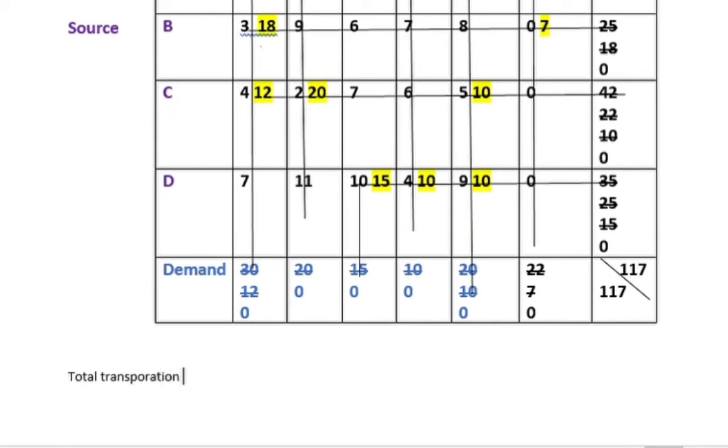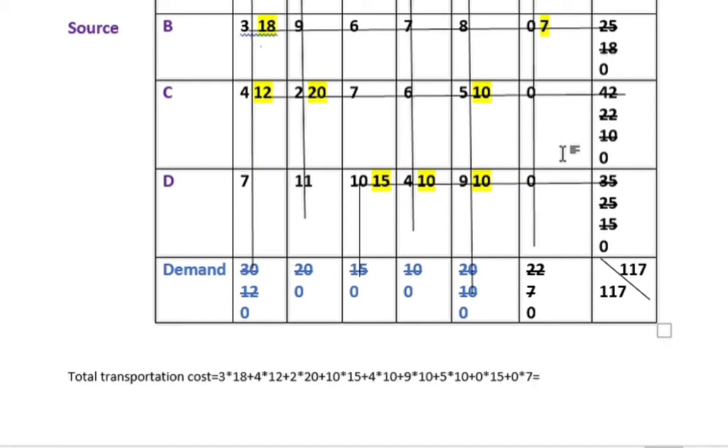Transportation cost, that is 3 into 18, plus 4 into 12, plus 2 into 20, plus 10 into 15, plus 4 into 10, plus 9 into 10, plus 5 into 10, plus 0 into 15, plus 0 into 7.